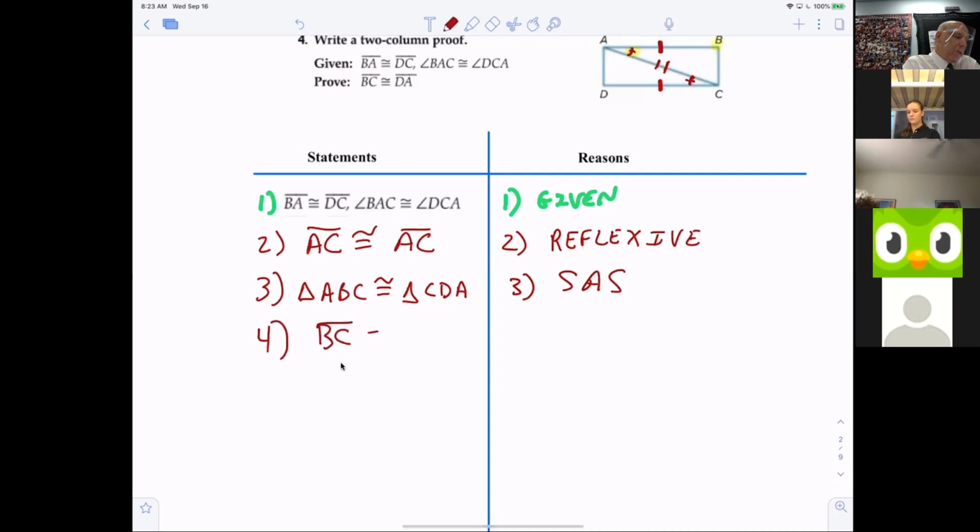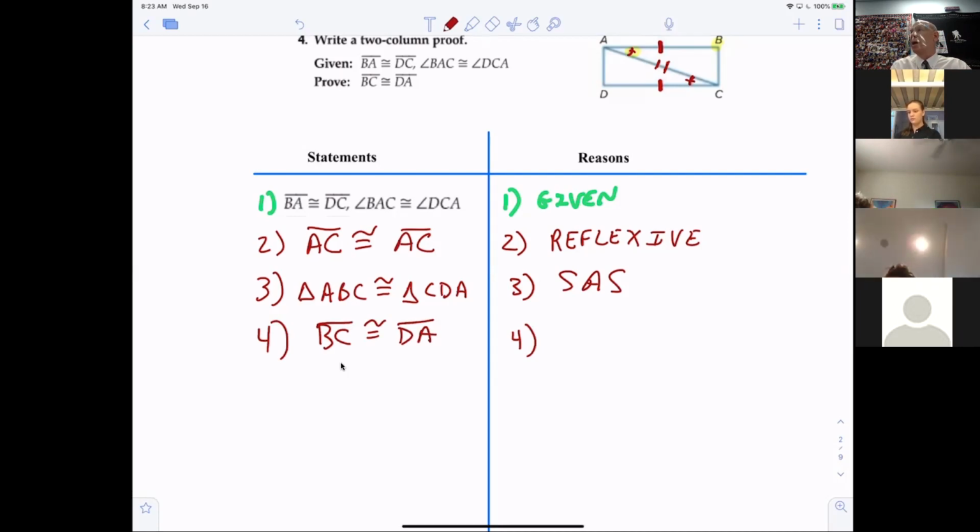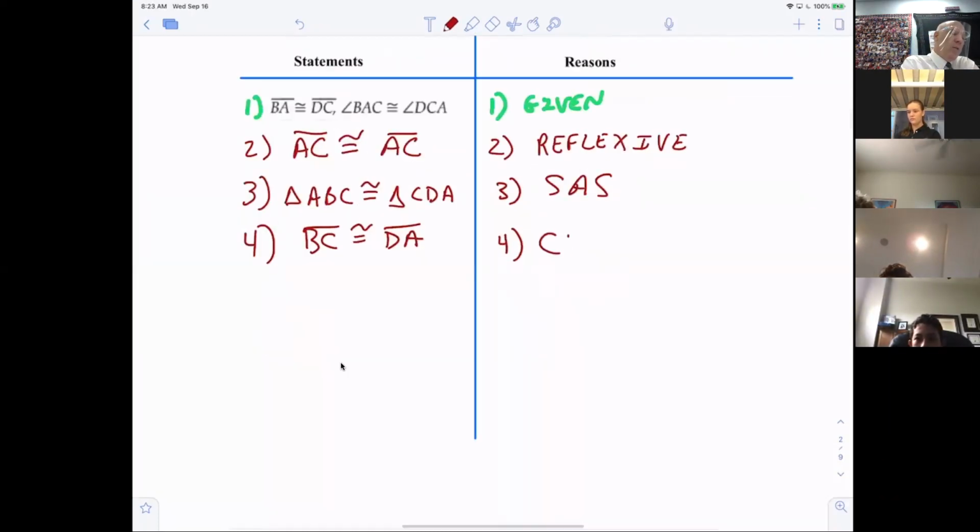BC is congruent to DA. Now, we just said that corresponding parts of congruent triangles are congruent.